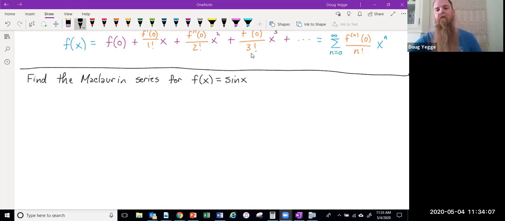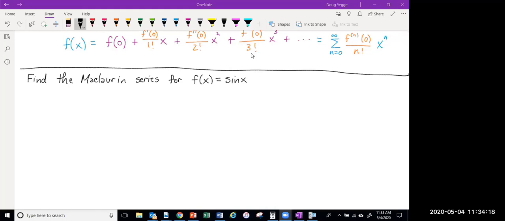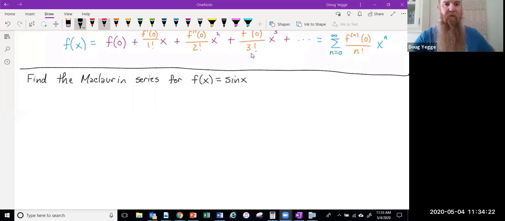All right, so let's go through the things that we need. If you look at this Taylor series, what are some things that I'm definitely going to need? A bunch of derivatives. So let's just start to find some derivatives. I like to just create a list. Let's start with f of x equals sine x, and let's just start taking a bunch of derivatives.